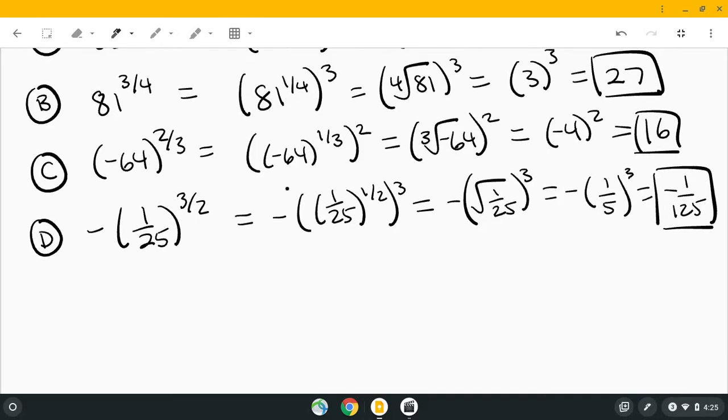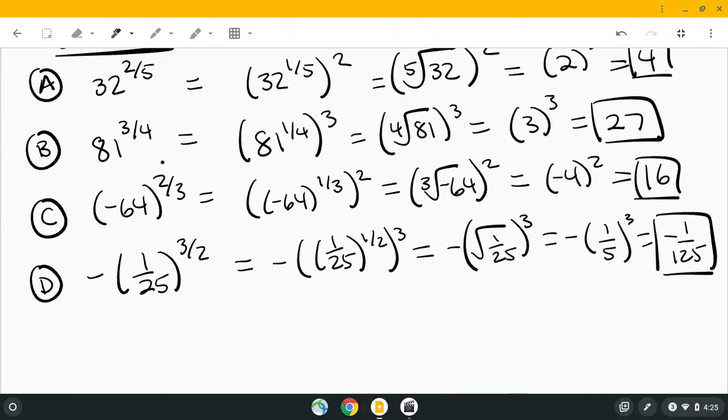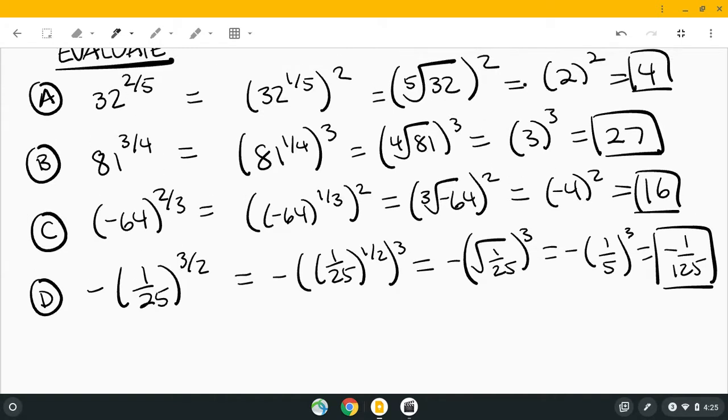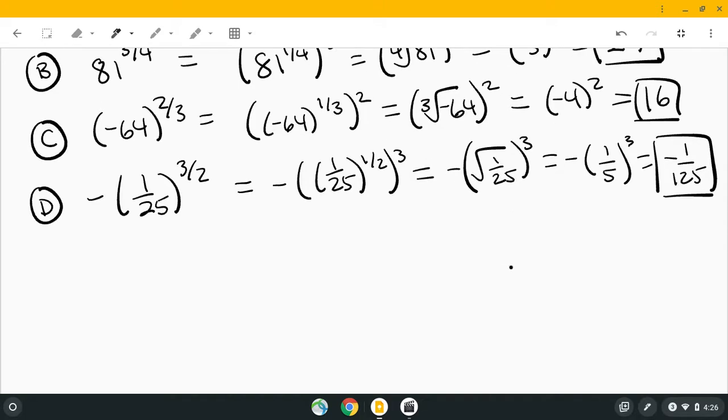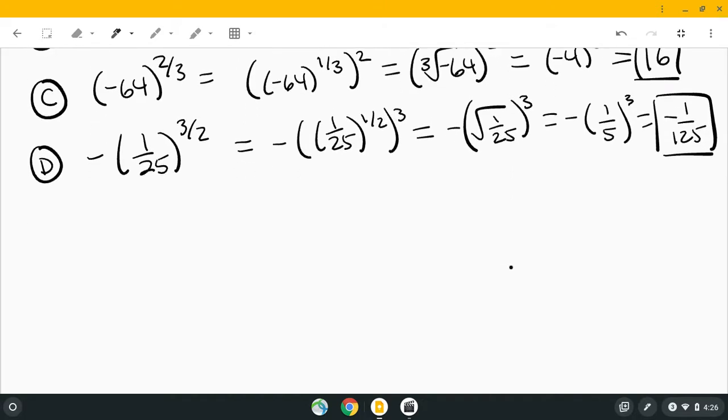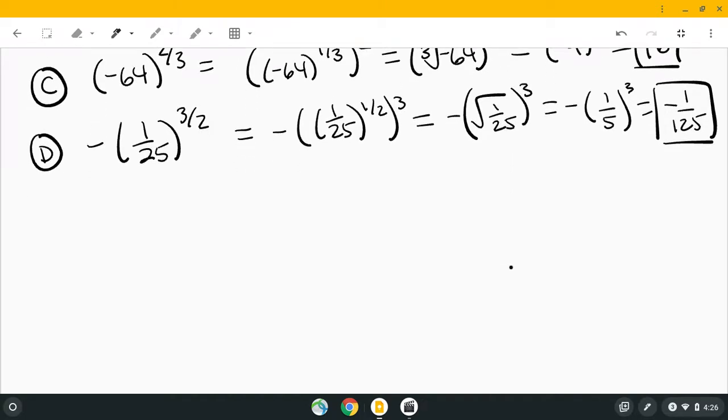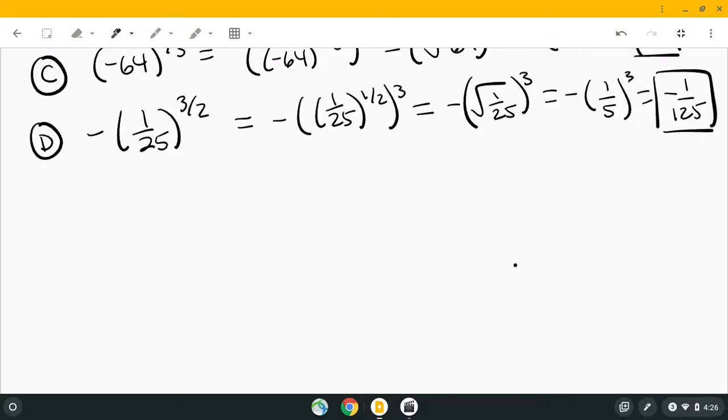Okay? And these top numbers represent the exponent as you know it. So it's going to be your answer squared, your answer cubed, your answer squared, your answer cubed. Okay? All right, let's take a look at some that have numbers and variables.